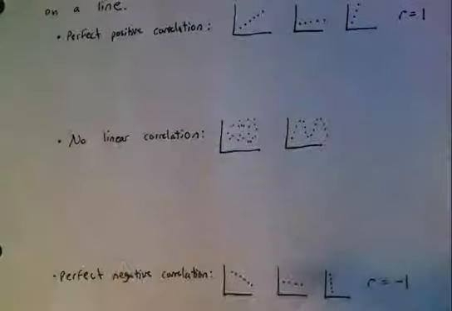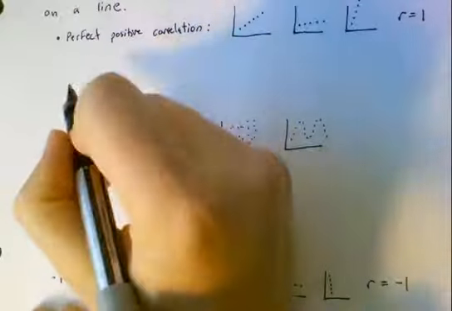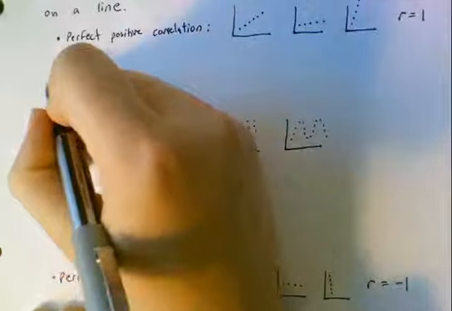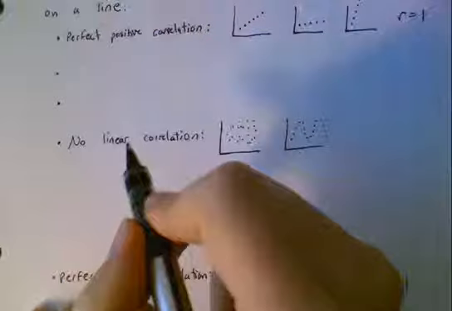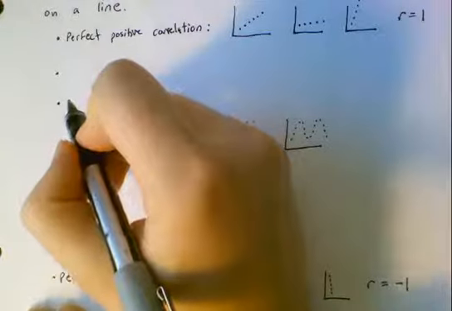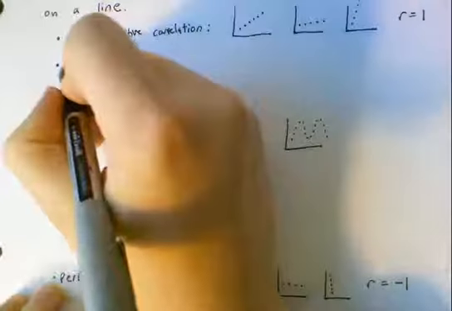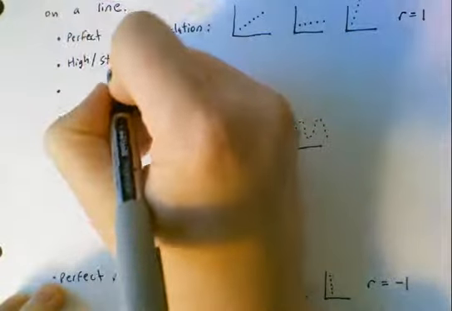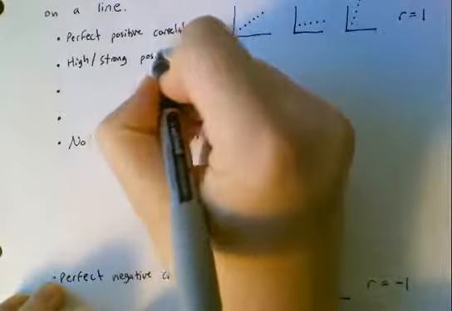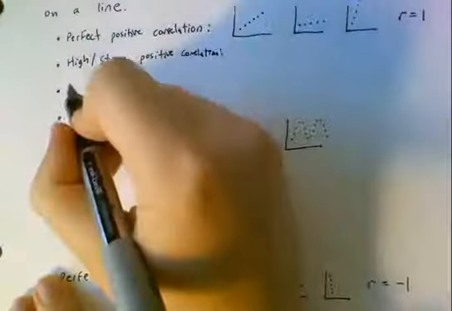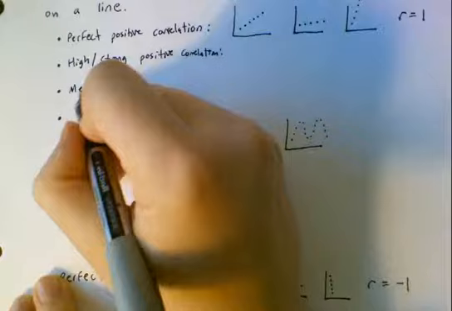And in between these two, there are different levels of correlation. So we could have a high or a strong positive correlation. We could have a medium or moderate.